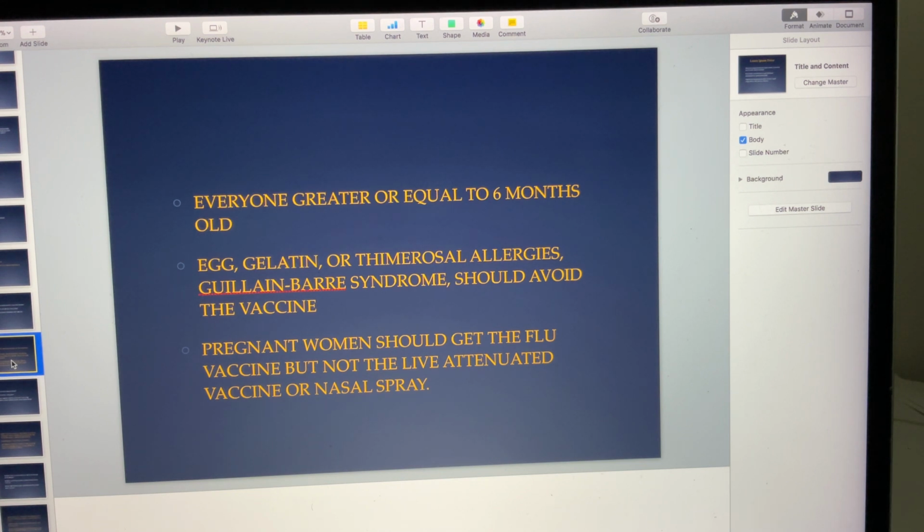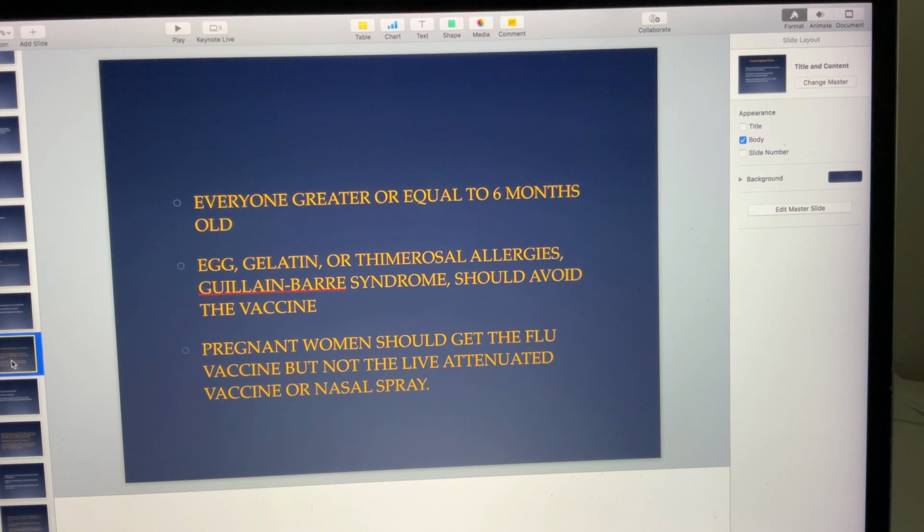Patients who have egg allergy, gelatin, or thimerosal allergies. I don't know if I'm saying that right. If a patient has Guillain-Barré syndrome, they should also avoid flu vaccine. Okay, so people who had bad reactions in the past after getting the flu shot might want to stay away from getting a flu vaccine.